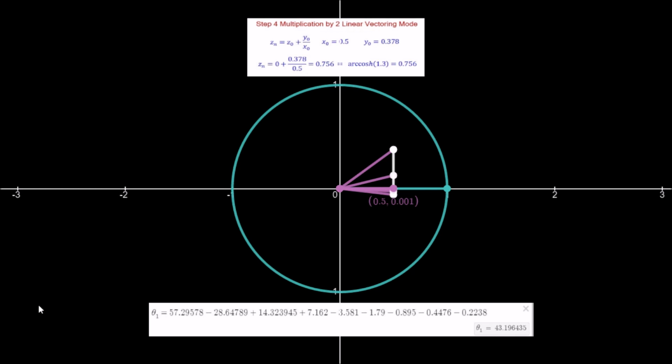And you can see that I've actually already worked through the simulation, and these are the angles which we add and subtract. And they're going to give us a final angle of 43.196 degrees. So let me go ahead and I'll put those in just now.